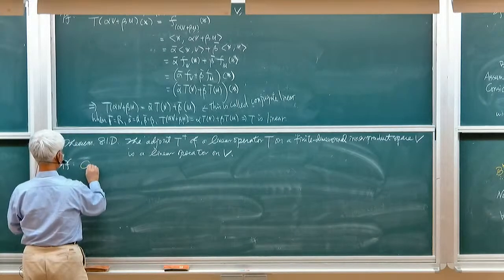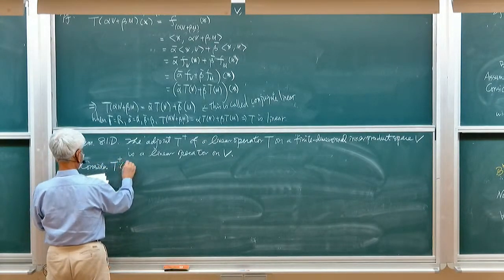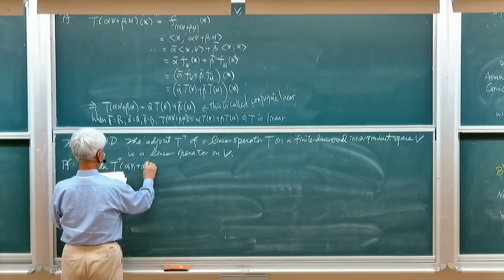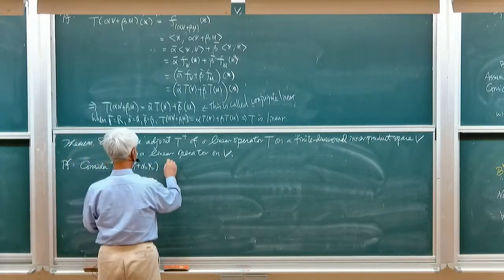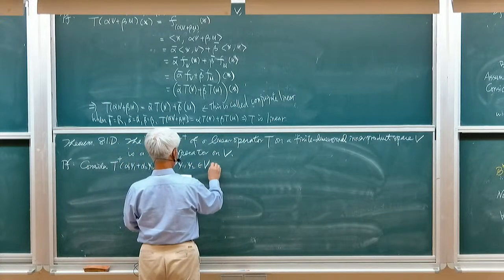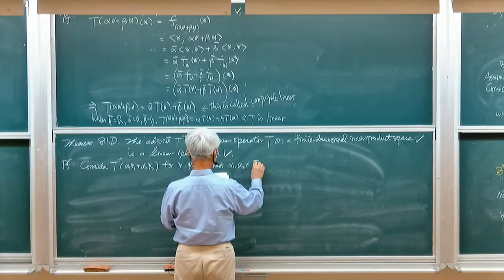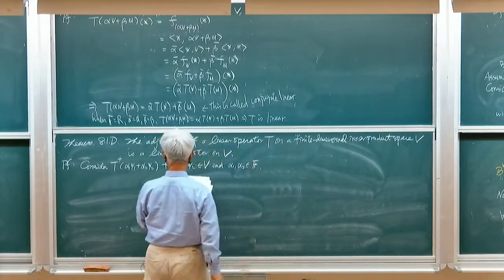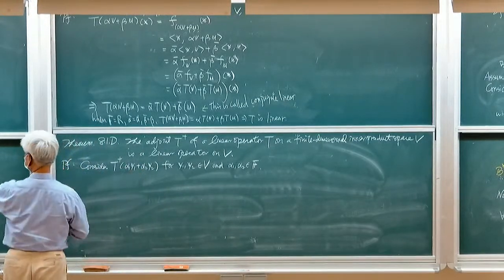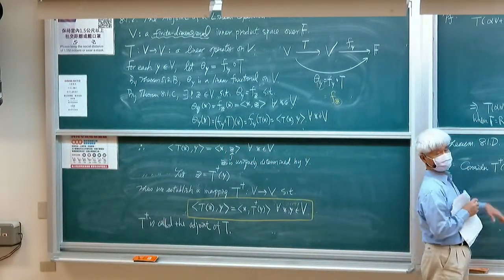All right, so we consider T dagger of alpha 1 y1 plus alpha 2 y2 for y1, y2 in V and alpha 1, alpha 2 in F. Okay, right. So we consider the image of the T dagger of this mapping at this linear combination.